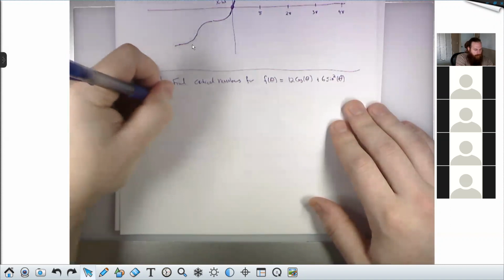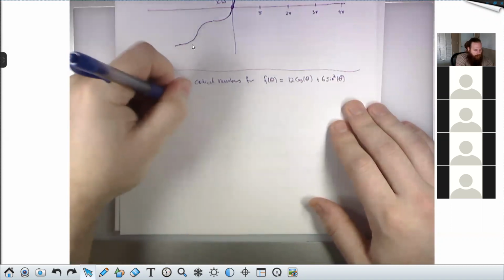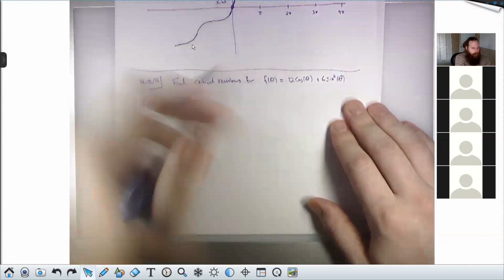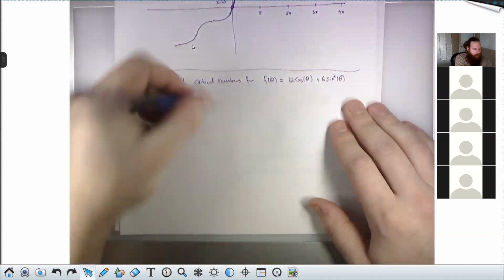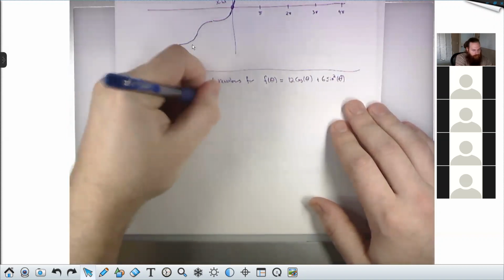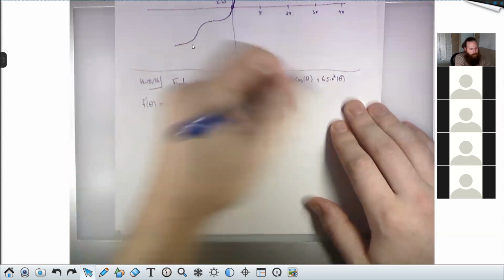That's going to be negative 12 sine theta, because the derivative of cosine is negative sine, plus 6 times, and then here I need the chain rule.